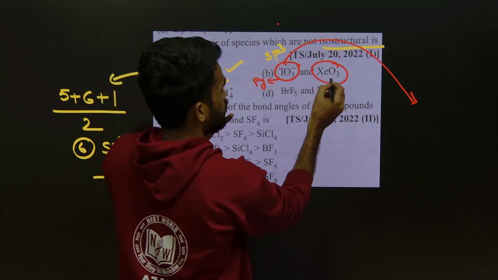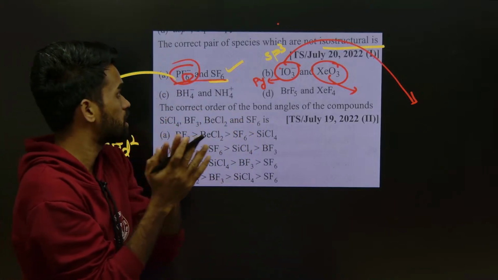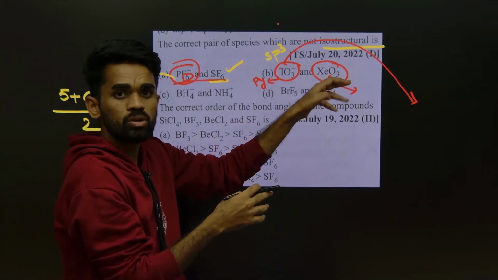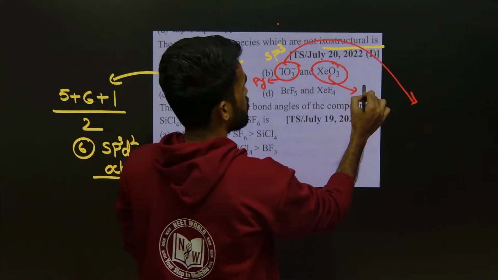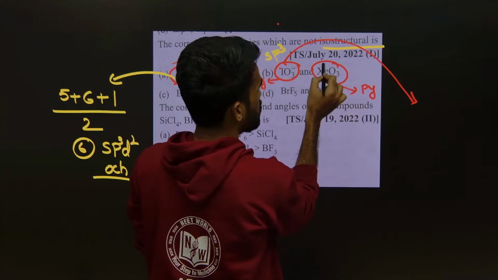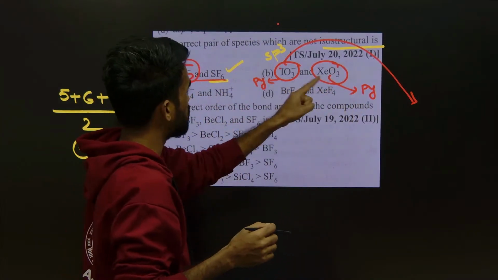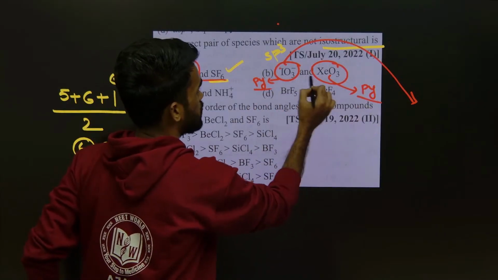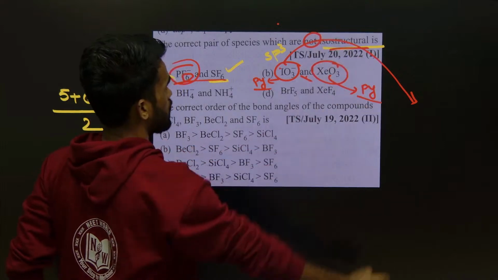And what about Xe, same, 18th group element, 8 valence electrons, by 2 if you do, we will get 4, that is also sp3 hybridization having pyramidal geometry, because out of these 4, 3 are bond pairs, 1 will be a lone pair. So both of them have pyramidal geometry. So this is also isostructural. They are asking for not isostructural.